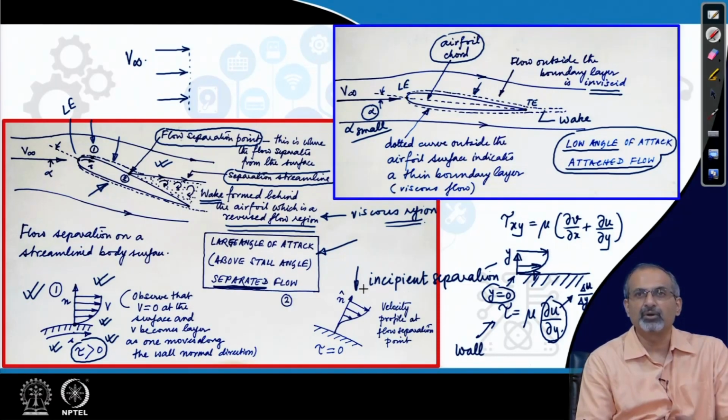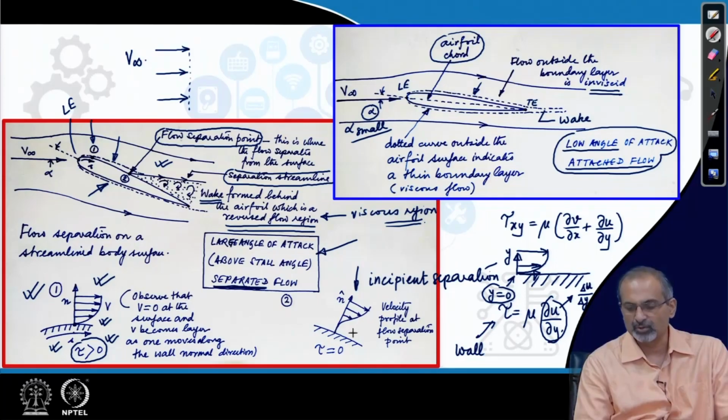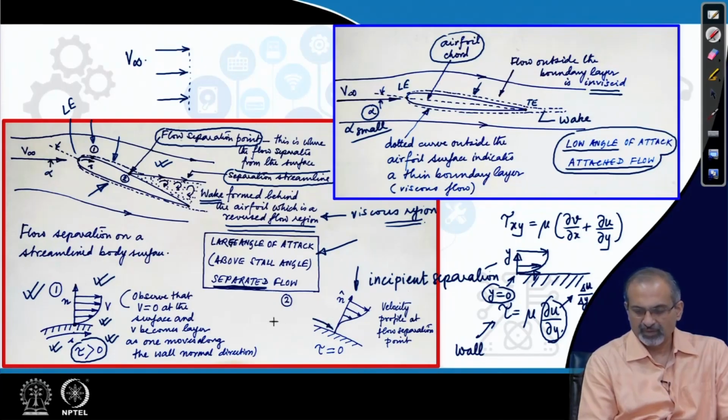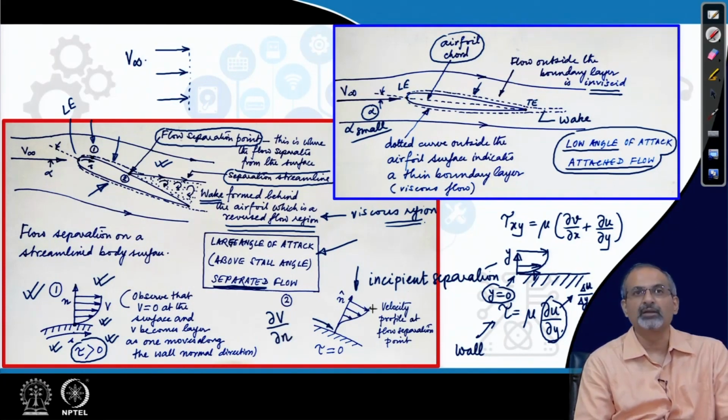But where you reach a point where the streamline is about to separate from the body surface, the velocity profile looks very different. It looks like the one we have drawn over here. So, from the profile you can make out that if you were to calculate the del v del n along the wall normal direction, then that is equal to 0 over here.